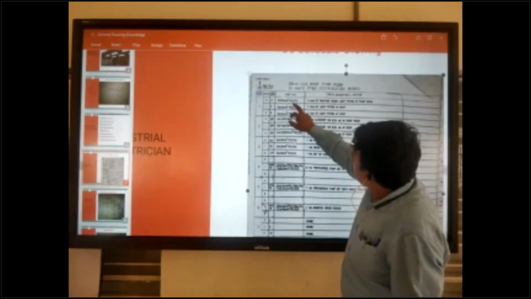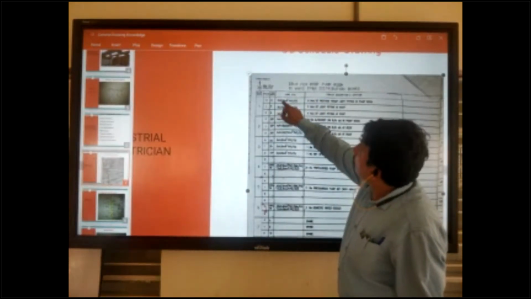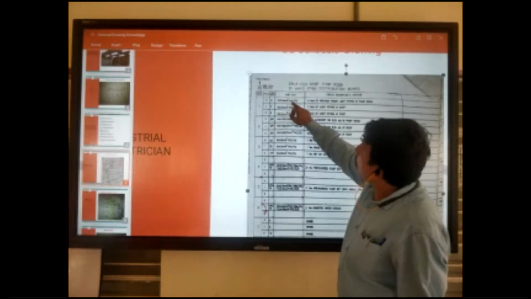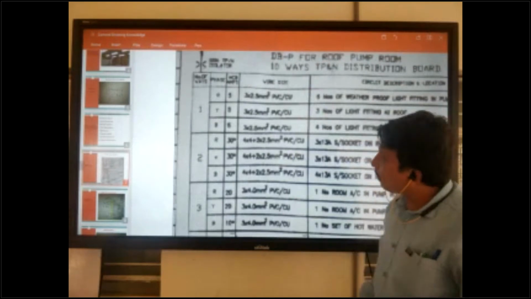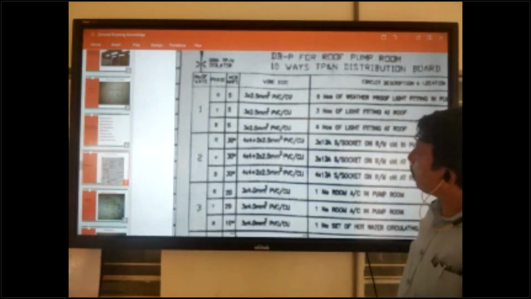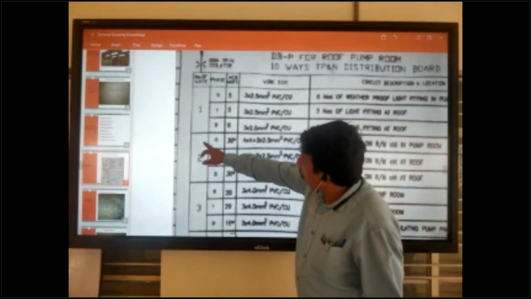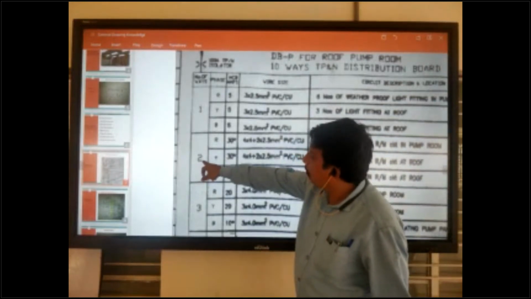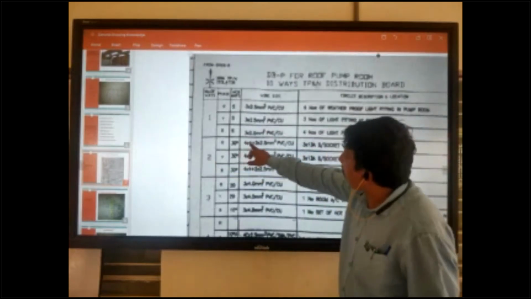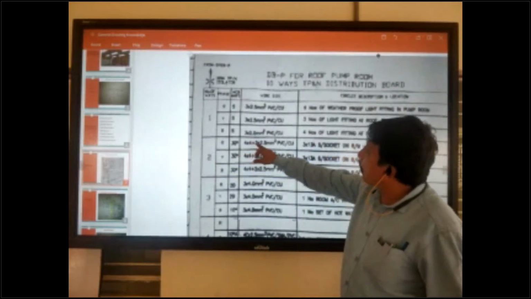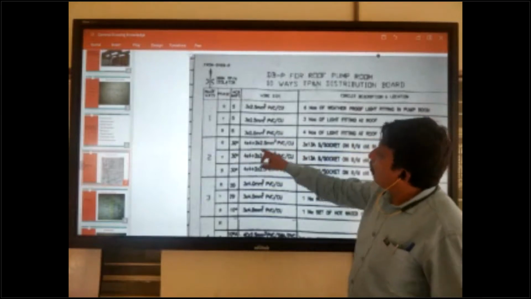So yesterday we talked about the meaning of wire size: 3 into 2.5 mm square PVC. Same like that, you can check in the DB schedule, the number of ways is 2. For 2 number of ways, it is written 4 into 4 plus 2 into 2.5 mm square PVC.